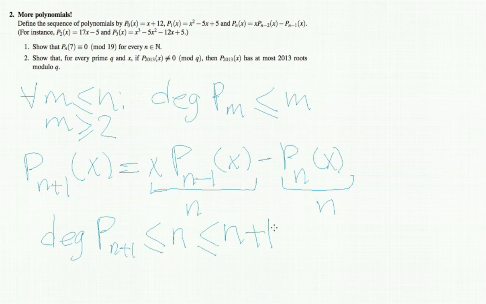So we have proved our inductive assumption. So the degree of P of n is less than or equal to n for any n bigger than or equal to 2. So in particular, this says that degree of P sub 2013 is less than or equal to 2013, which proves our claim. P 2013 can have at most 2013 roots.